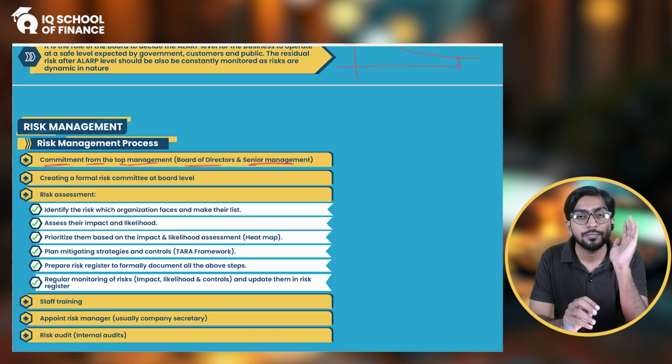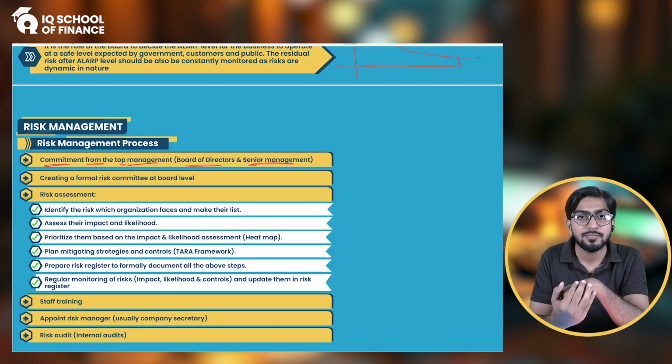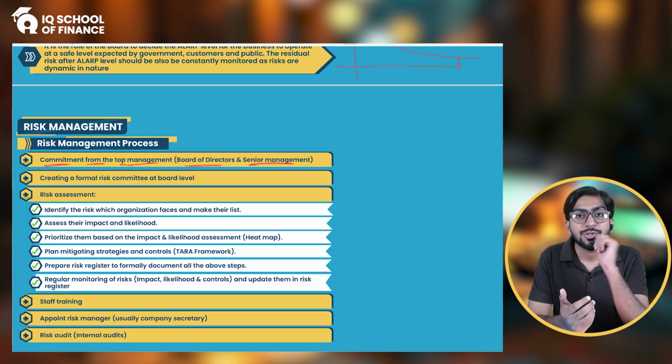He made the rule, but he himself is violating it. He himself is not following it. And if someone is staying outside the home after 8 p.m., he is not taking any action. He is not asking any question. So that means he has made the rule, but he is not serious about it. He is not committed to it.